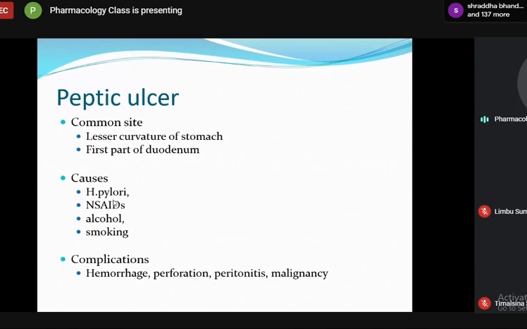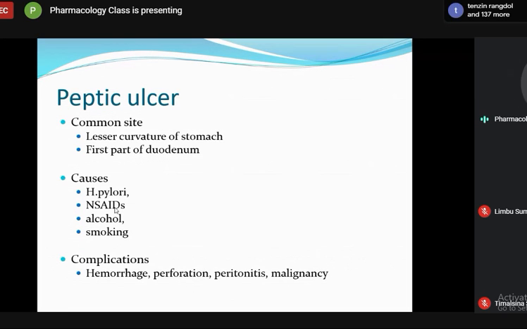Next is NSAIDs. If the patient is taking analgesics or NSAIDs, most commonly for a very long period of time, that can also lead to peptic ulcer. So we must tell the patient to stop taking the NSAIDs if possible. But if we cannot stop this analgesic, then we must tell the patient to take a selective type of COX inhibitor.